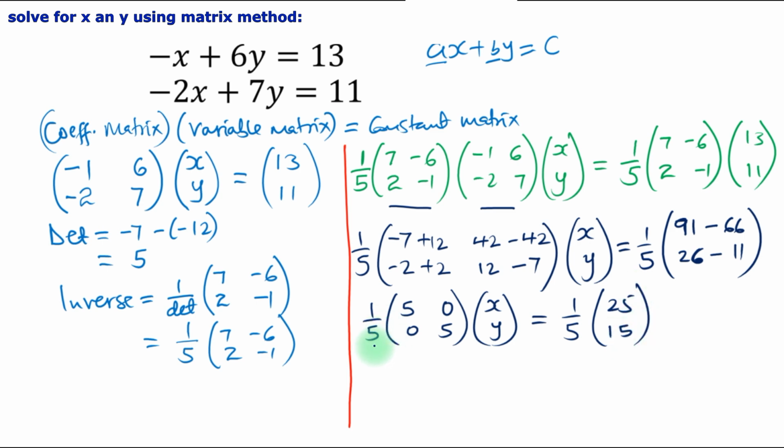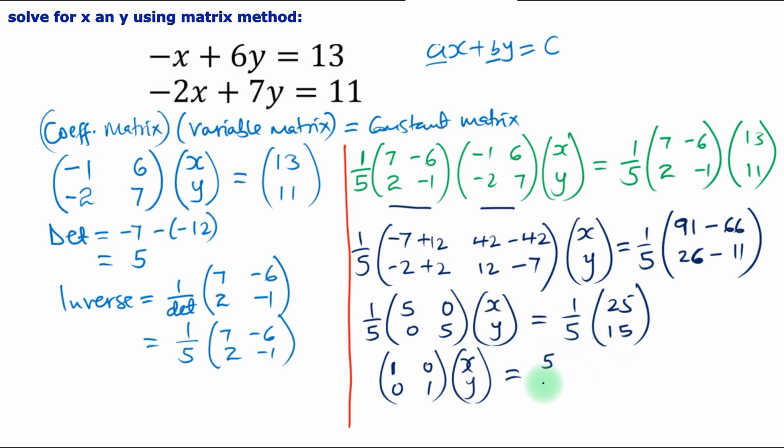So now we can multiply the fraction by each element of the matrix. A fifth times 5, that is 1. A fifth times 0, 0, 0, then 1. x, y will be equal to a fifth times 25, that is 5.